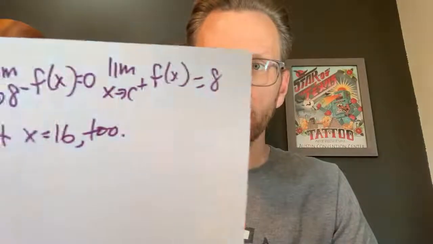There are 2 points where the limit does not exist: x equals 8 and 16. Because we already talked about that.